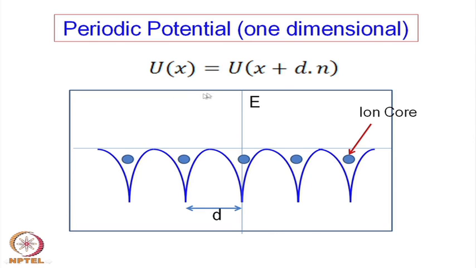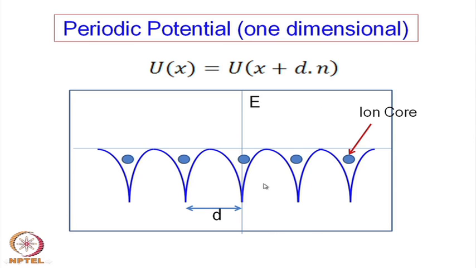This is in one dimension, what we call the periodicity. This is an expression of periodicity. U is the potential as a function of x, where x is this horizontal distance, and this function is equal to U(x + d·n).